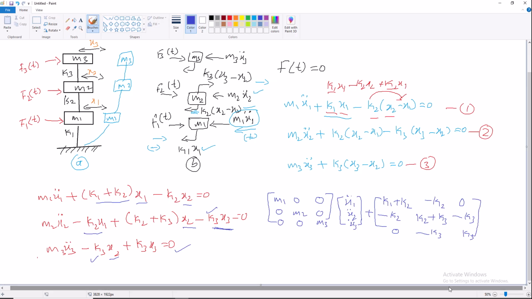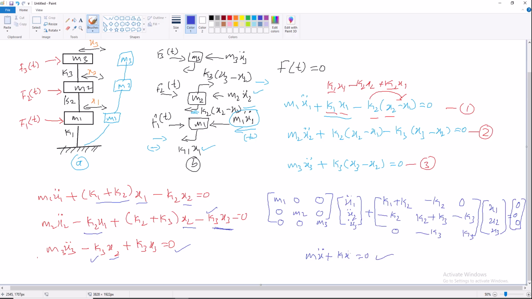This is multiplied with x1, x2, x3, which is equal to 0 because it is free vibration. So this equation can be written as m x double dot plus k x equals 0.